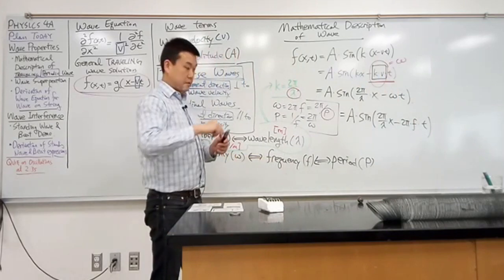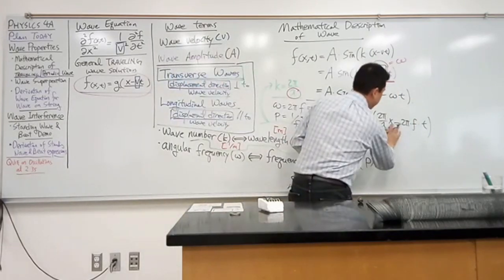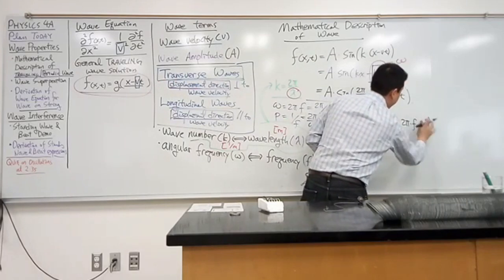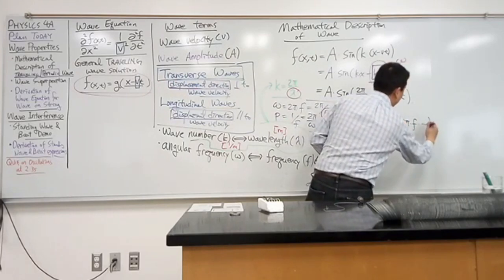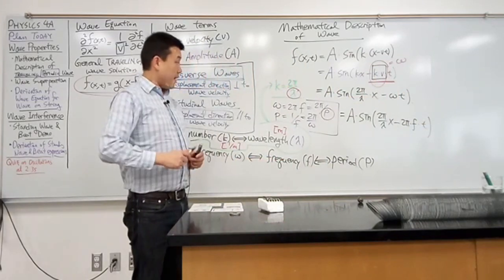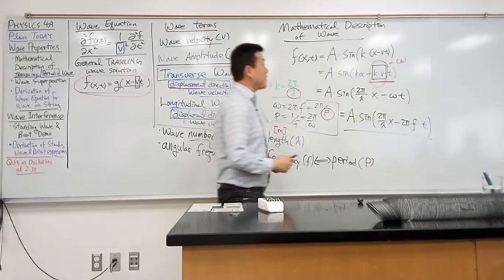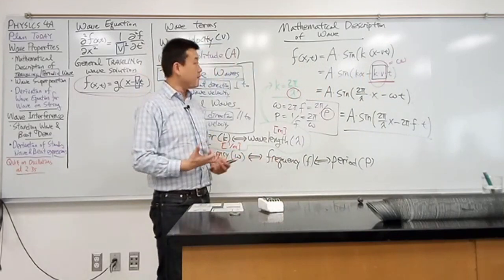Okay? Just as a reminder, the only variables here are the ones that I'm going to rewrite in purple, x and t. Those are the only variables here. The rest are supposed to be constant. And so, this is another way you could write down the mathematical representation of your wave.